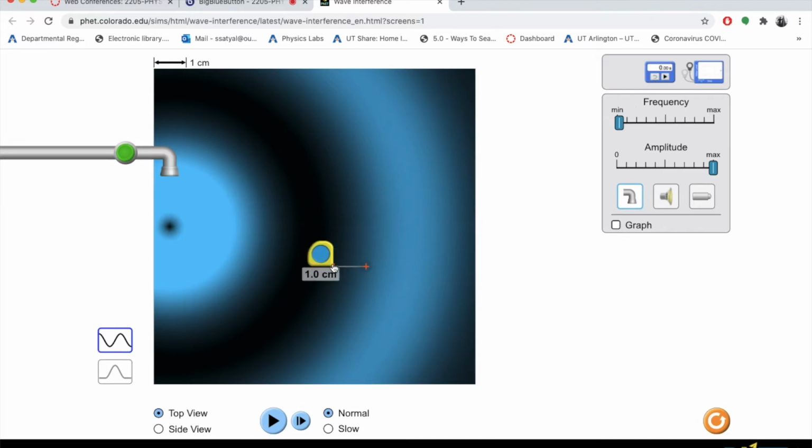I'm gonna take my ruler here, and I try to pick the center of the dark band here, which is the trough, and to the center of the crest, and that, or I think I need to increase a little bit here, because that is my wavelength.